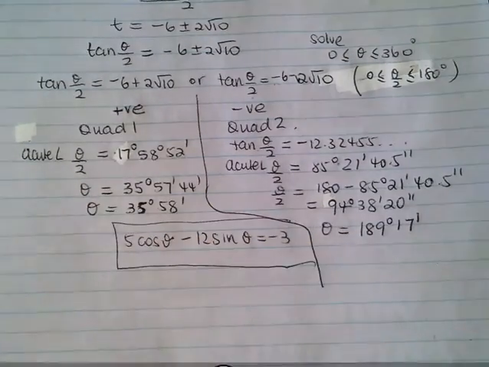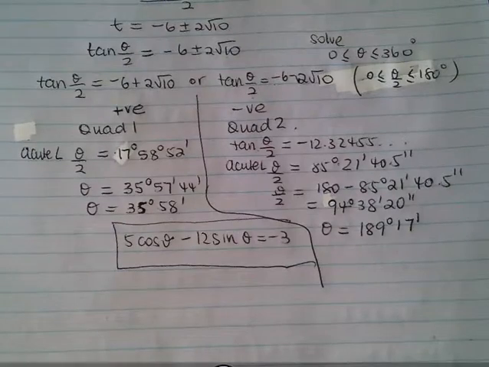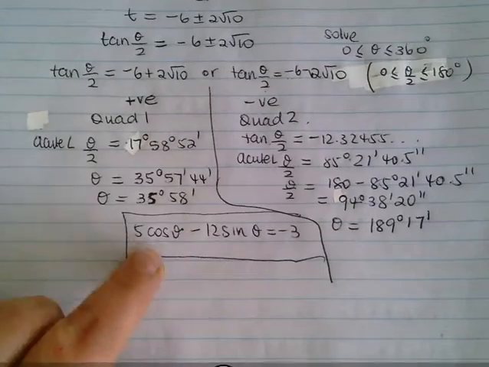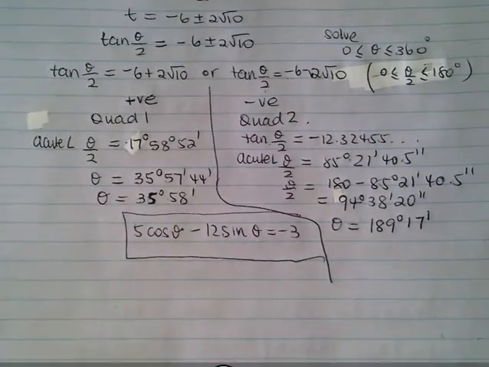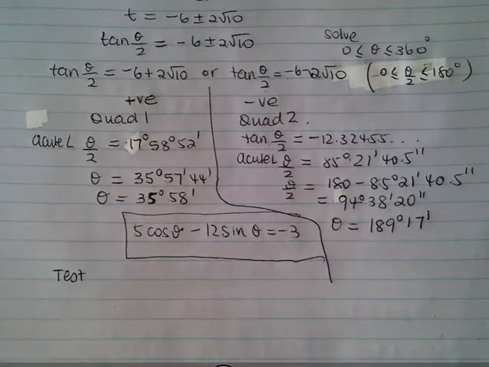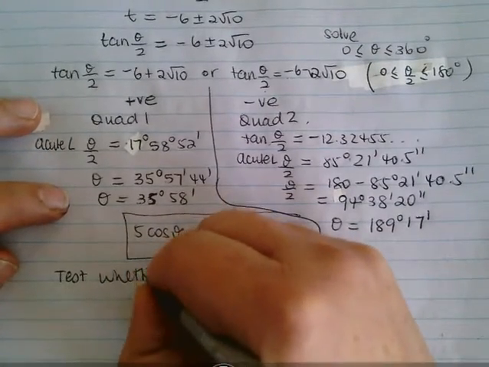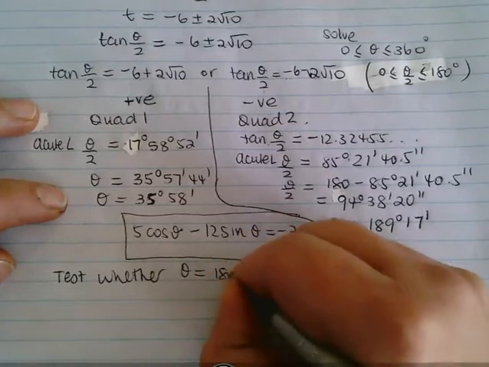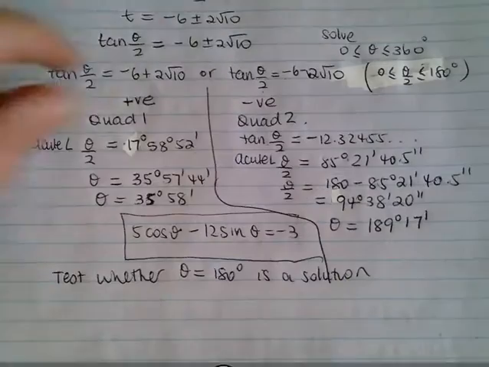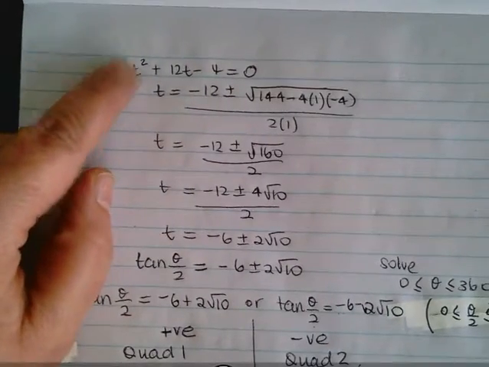So we need to do one more thing. We must test whether theta is 180 degrees. So always for the T formulas only, you must test whether theta equals 180 degrees is a solution. And look, sometimes it will be, but I tell you when it will be. See how here I've got a quadratic formula?